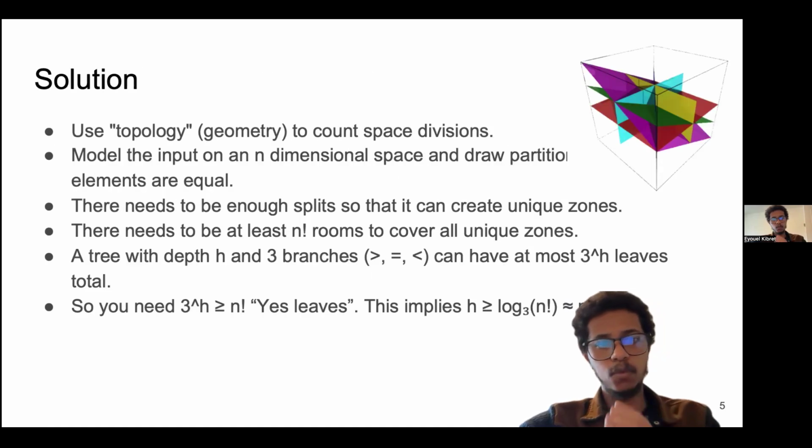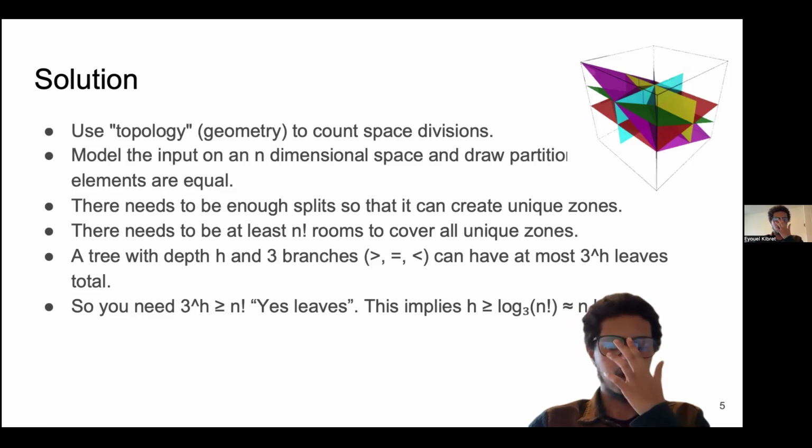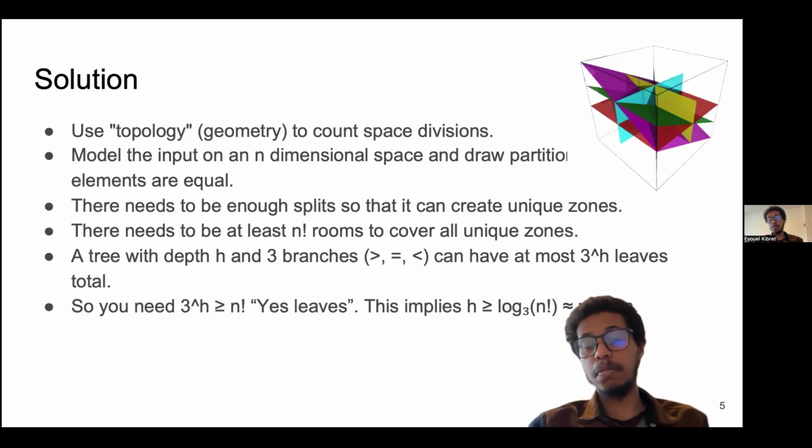Okay, so what is the solution? We can see this from a different angle, to see the geometry or the shape of the problem. We can model a given input on an n-dimensional space. If we're given three inputs, we can imagine it as a point in three-dimensional space.